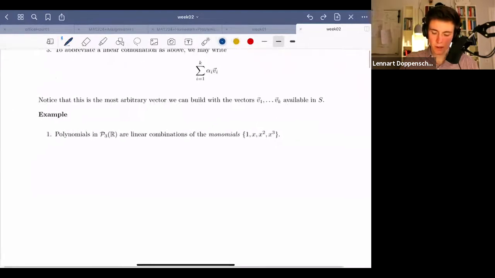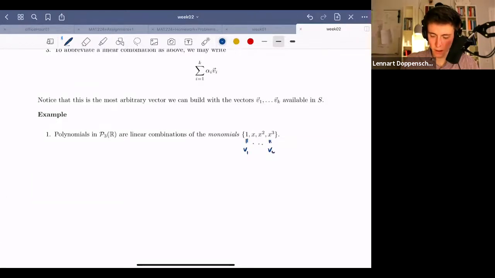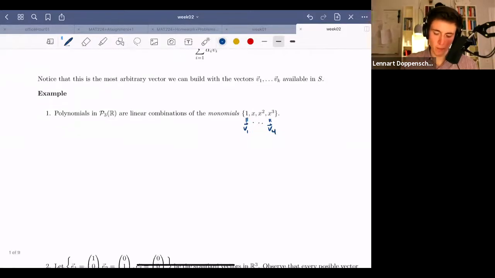Then a linear combination of these is, let's just call them v1 up to v4. Alpha_0 times 1 plus alpha_1 times x, and so on. This will be exactly a polynomial of degree at most 3.